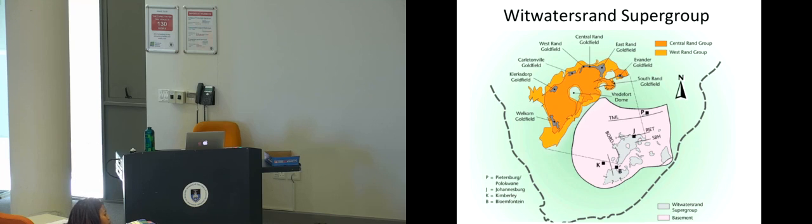A lot of it is underground because it's been buried by younger material. But it's still pretty substantial. Here's Johannesburg, and this reaches down towards Kimberley. So it's a large, extensive basin on this craton which was rifted apart into this giant inland sea, and into this was deposited the Witwatersrand supergroup.